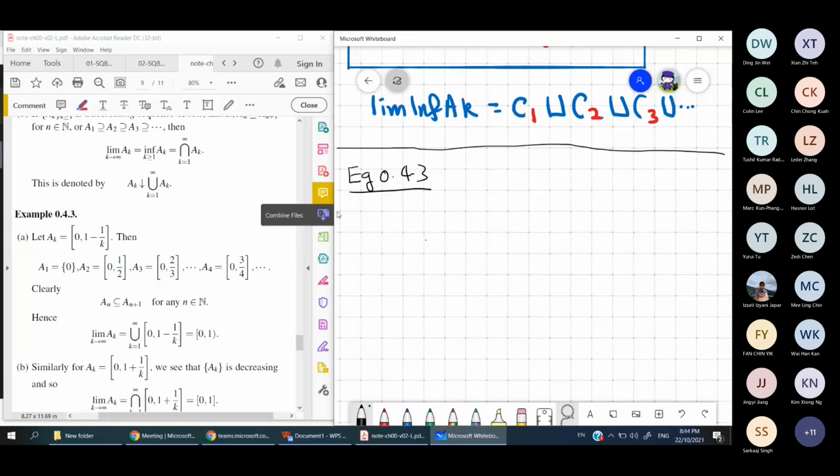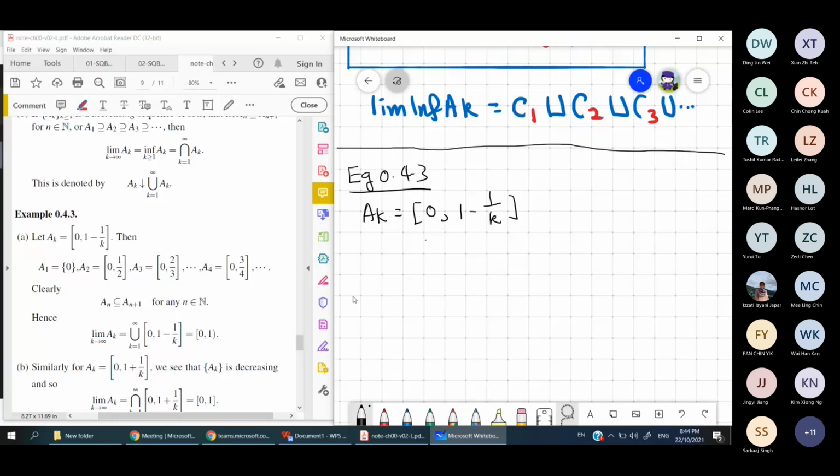In this example, we look at AK equal to the closed interval 0 to 1 minus 1 over K. As you can see, I think this one you know how to compute. A1 is 0. A2 is 0 to 1/2. A3 is 0 to 2/3. A4 is 0 to 3/4. You just substitute K is 1, 2, 3, and you can get this, right?